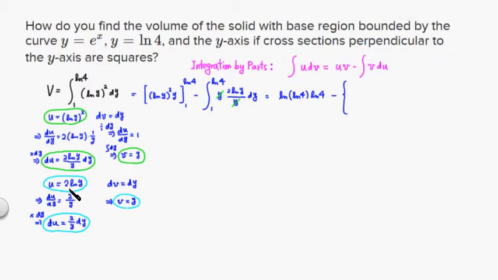So uv, so it's going to be 2 natural log of y times y, going from 1 to natural log of 4, and minus the integral from 1 to natural log of 4. v is y, du is 2 over y dy.